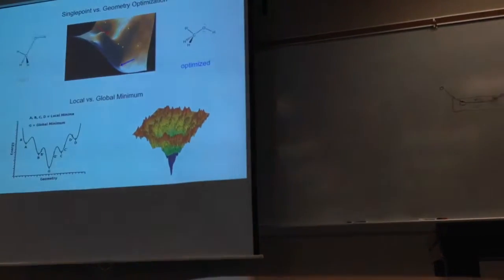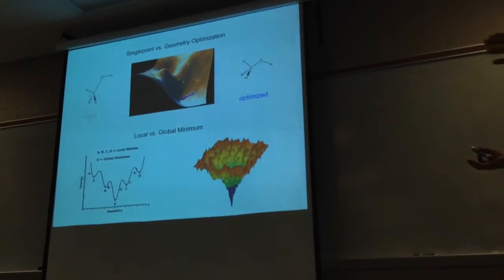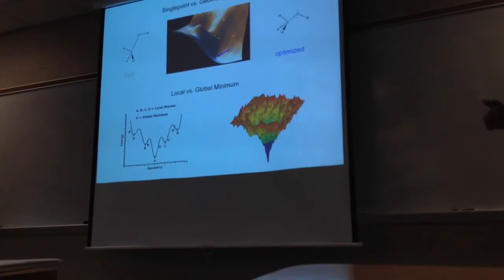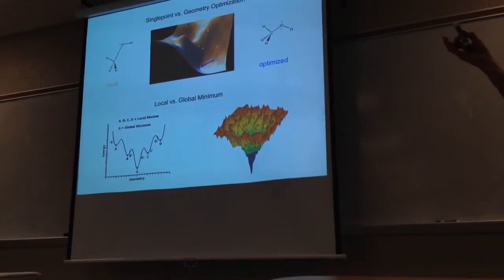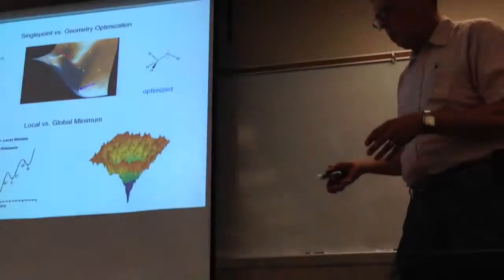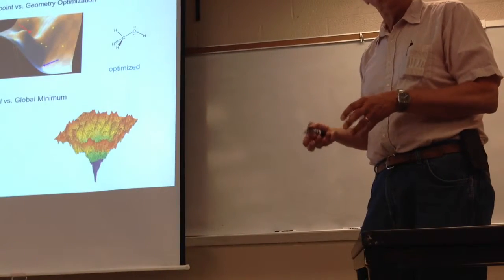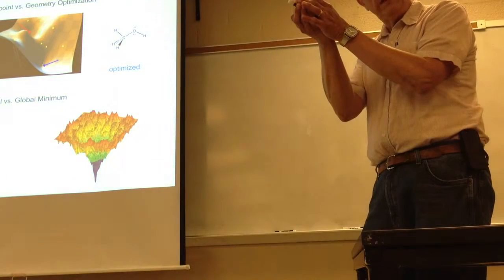Now, I've got my molecular orbitals. The computer has sweated bullets. It's now got molecular orbitals for my molecule. I have put in my molecule. I've told Spartan, here's the molecule I want to calculate.